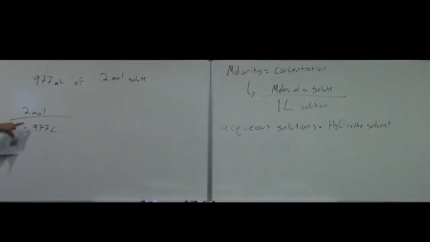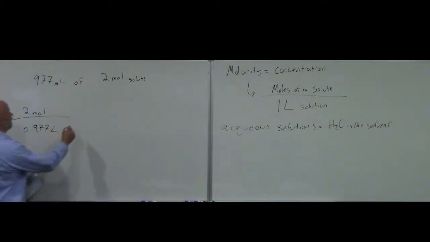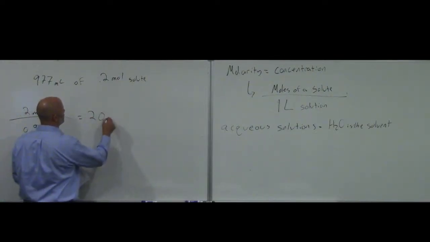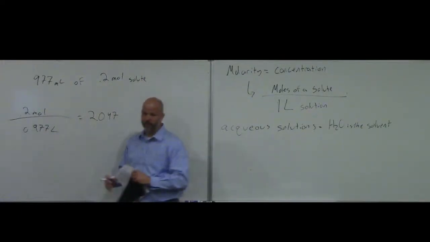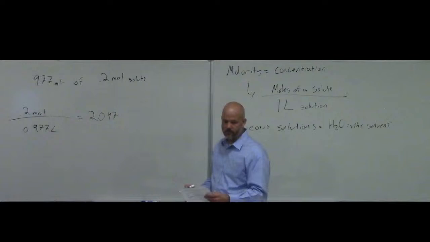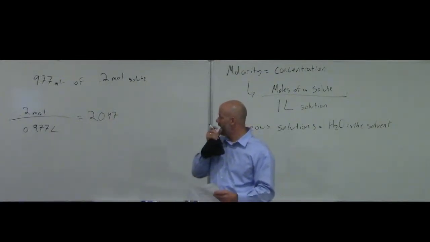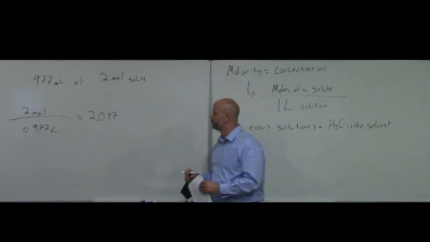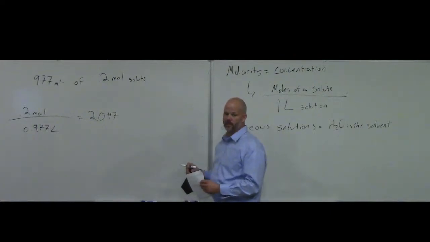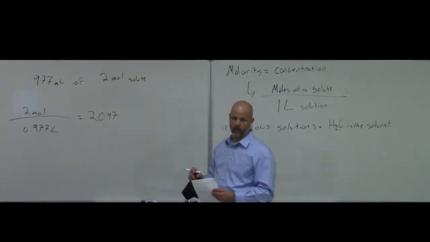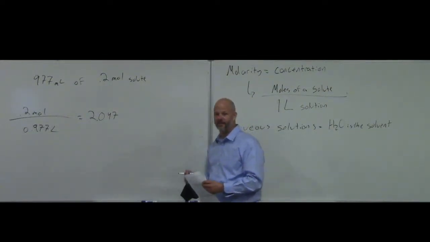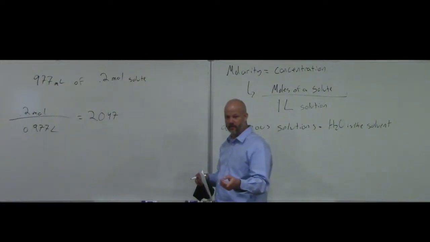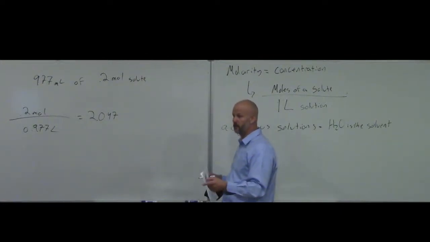So when I divide 0.2 by 0.977 liters, what do I get? 2.047. Say it again. 2.047. Did y'all get that same number? Actually, I got 0.2047. Okay, let's do it again. You get 2 different answers, so run it again.